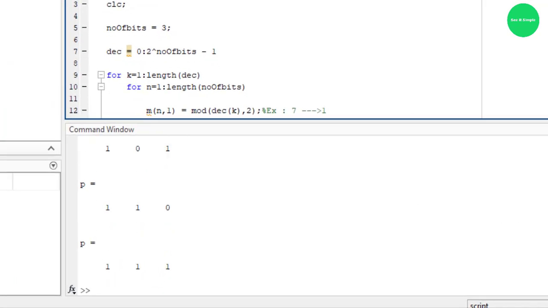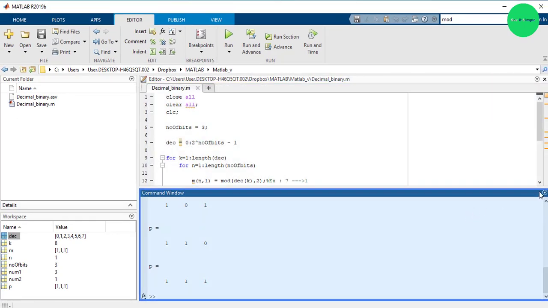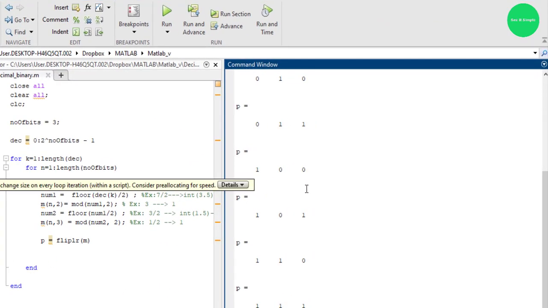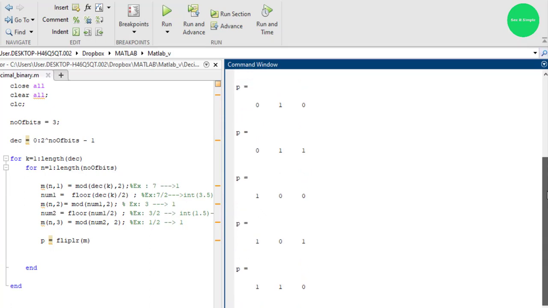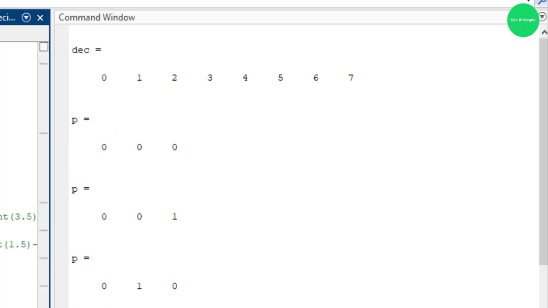Okay, so you can see clearly this is the decimal values, this is the binary values.